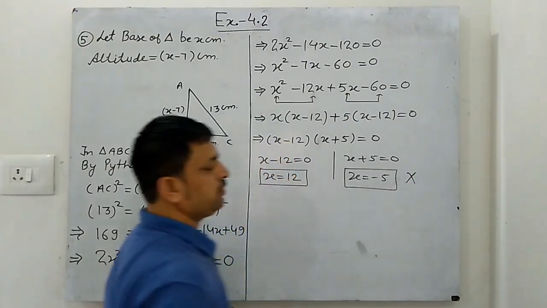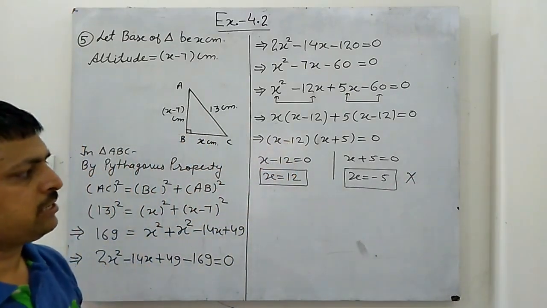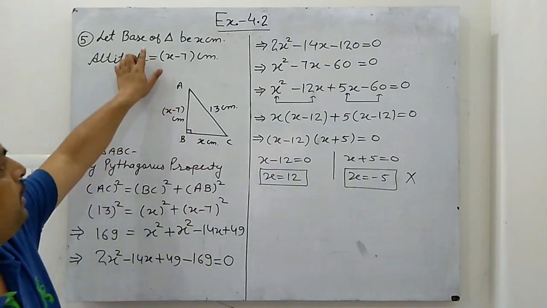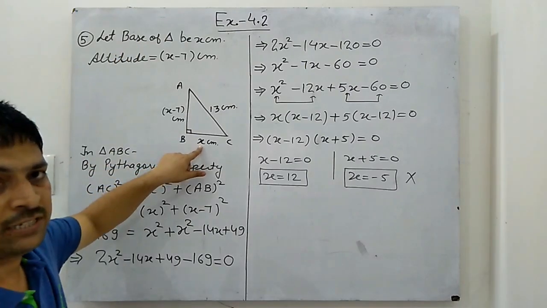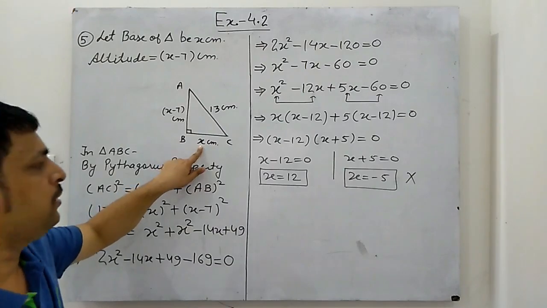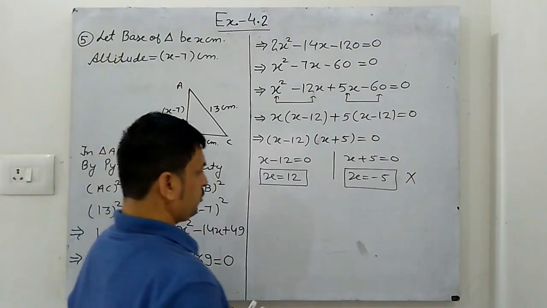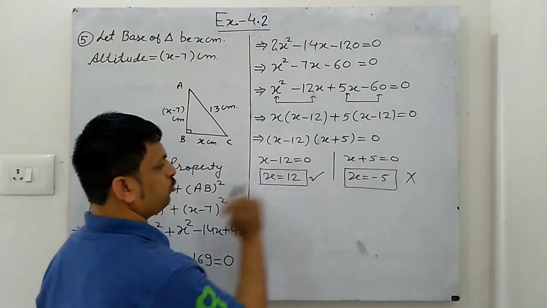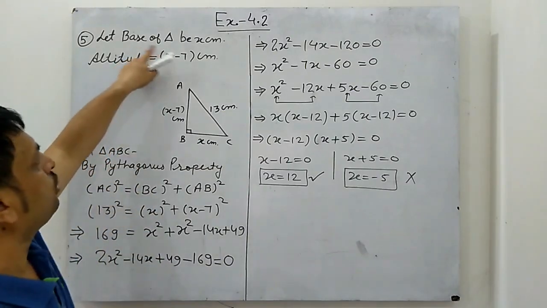We cannot take this value because the value of x is negative and x cannot be negative because it is the length of base. Base cannot be negative, or we can say length cannot be negative. Clear? So we are taking this value x equal to 12. What was x? X was base.